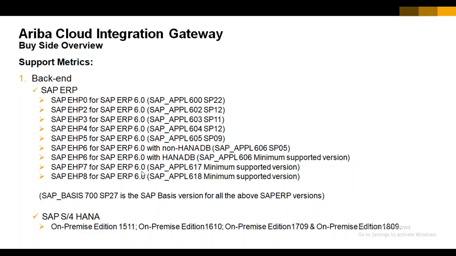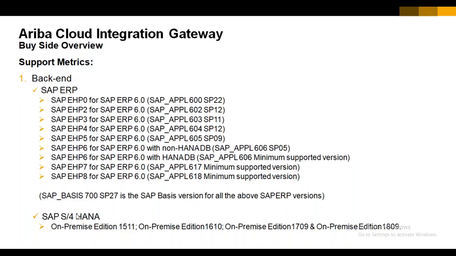So whenever we have to implement CIG, our backend SAP ERP system should be at least ERP 6.0 or above. But whatever enhancement package they have, like EHP 0, 1, 2, 3, 4, that doesn't matter. CIG supports all these enhancement packages. But in other cases, let's say you have SAP S/4HANA. In your case, your customer is saying they have SAP S/4HANA.